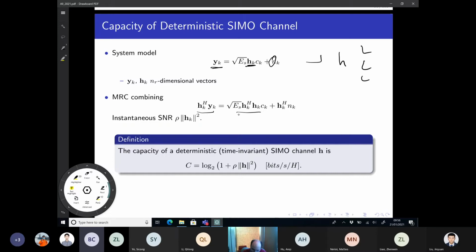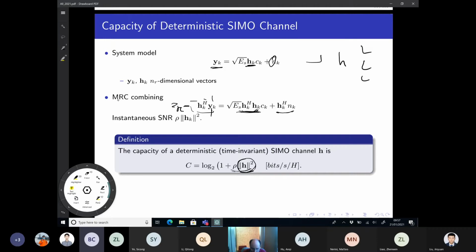So the capacity will be log 2 of 1 plus rho times the norm of H, and the norm of H can be viewed as coming from doing an MRC combiner. Effectively, this is a column vector, this is a row vector, so this is an effective SISO system, and here you have a single scalar.